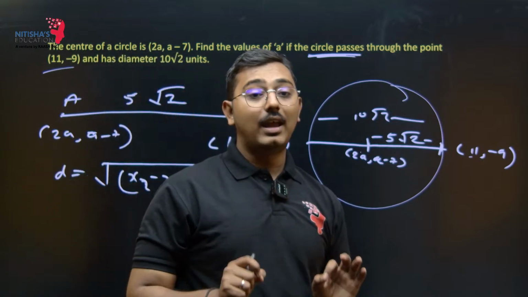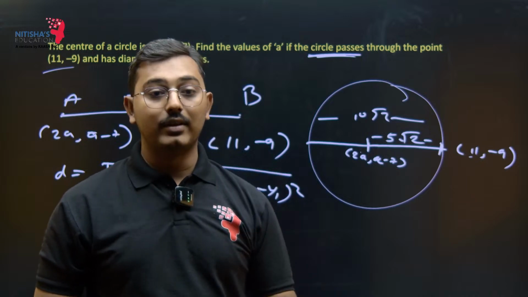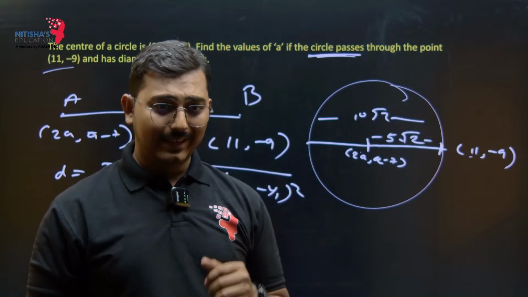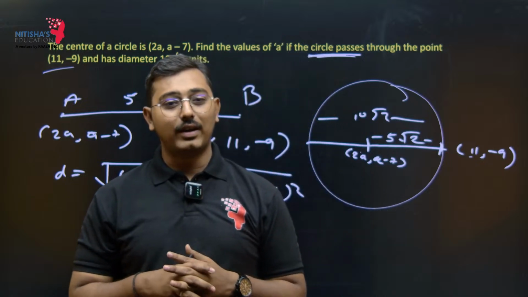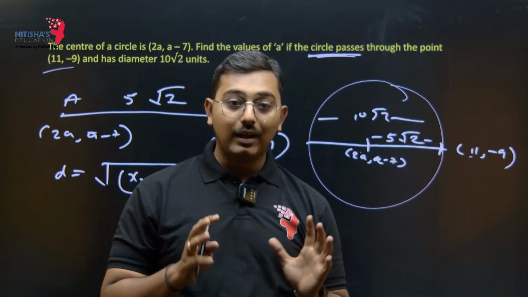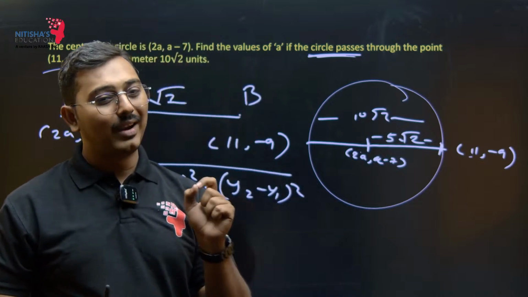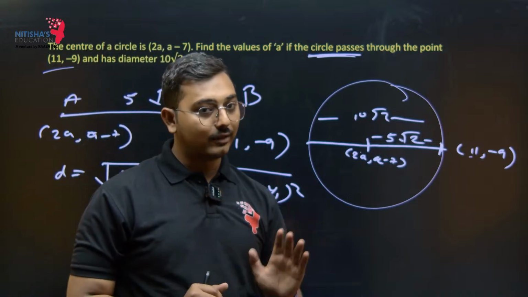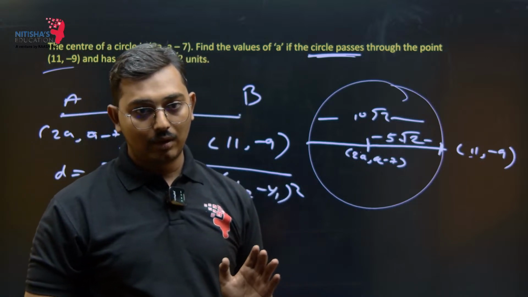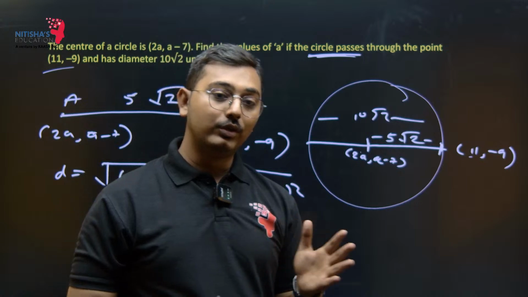Never ever forget to write the formula first. Why? It is an advantage to us. If by very bad luck any small error occurs in further steps, then your answer will not be correct and you will lose marks.